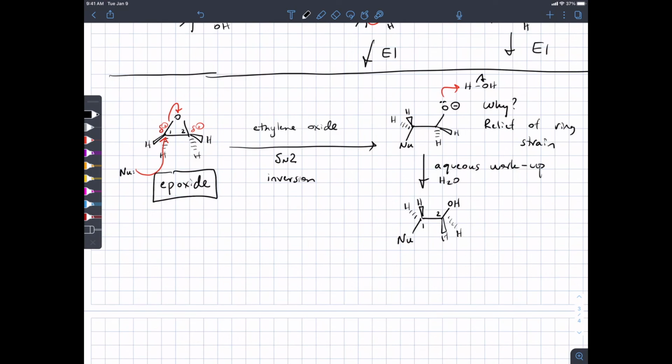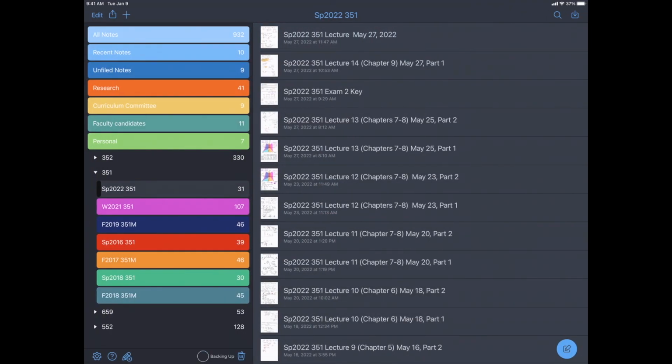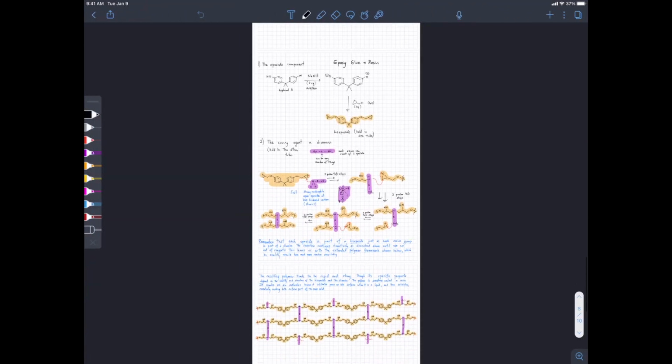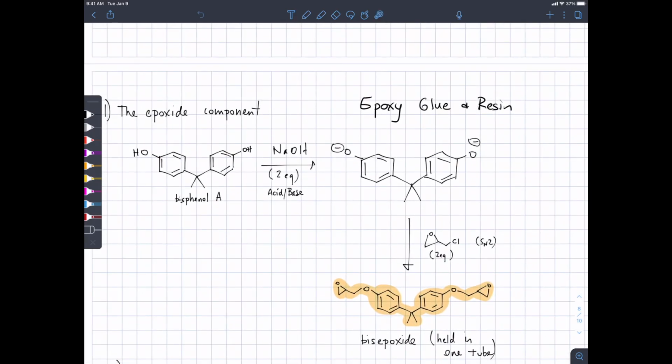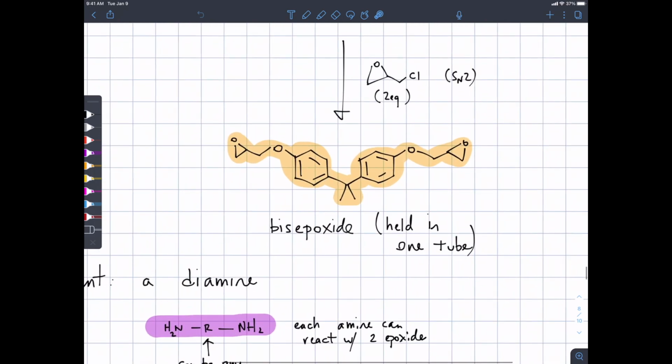But yes, epoxides are used in glues. So I'm going to take just a second and show you how. This, again, is not to memorize, but I do want you to be able to see how glues work, because all of you will probably use some kind of glue based on epoxy in your lifetime. So here is the epoxide component of your epoxy resin.